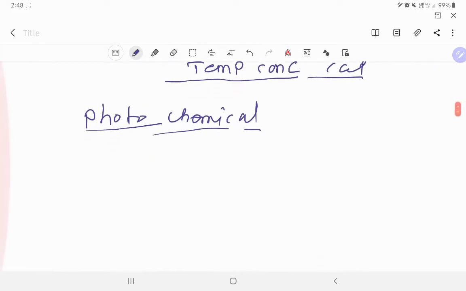Okay, now we will see the difference between dark reaction and photochemical reaction.